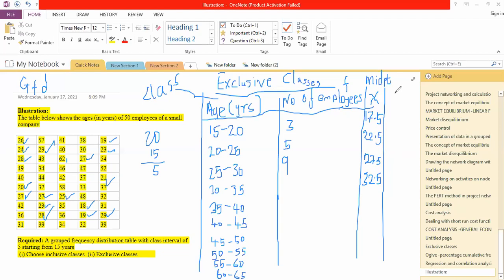If you want the mean now, you multiply the column frequency by the corresponding midpoint. There down we get the total, the summation f of x. We use the same formula into getting our mean. And the same, you can square your x, multiply by the corresponding frequency as you use the formula to get the standard deviation.